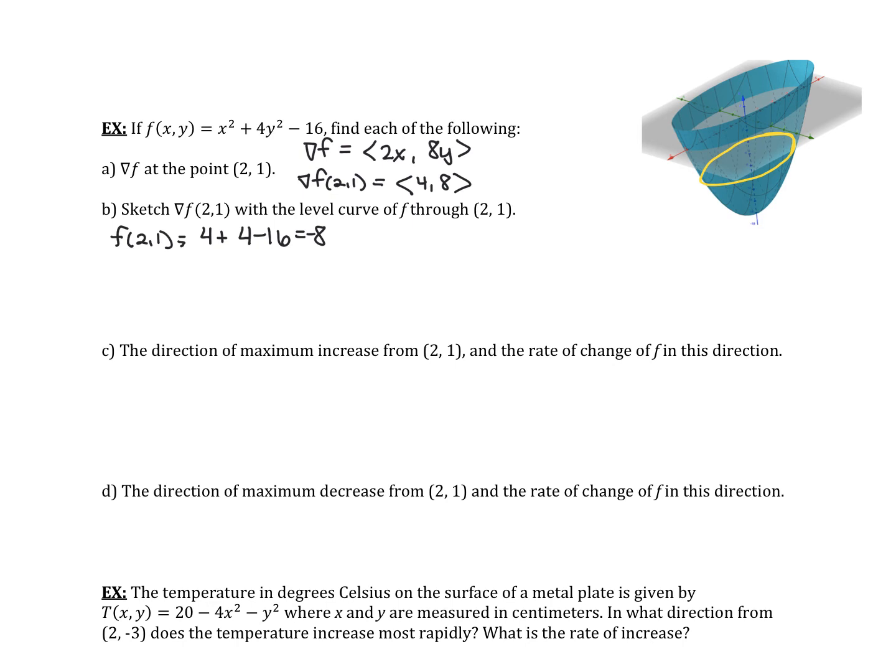Now, what we want is for that same thing to appear in 2-space. We want to see what that curve would look like if we could just flatten it down to the xy plane. Well, it would be a curve where negative 8 equals x squared plus 4y squared minus 16. So we would get 8 equals x squared plus 4y squared, which is an ellipse.